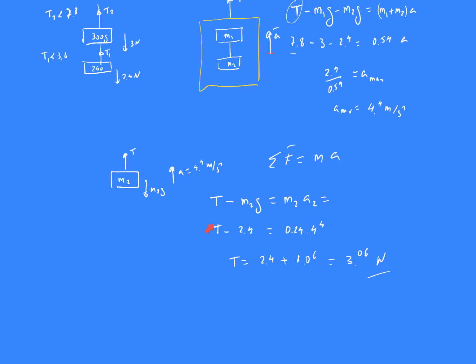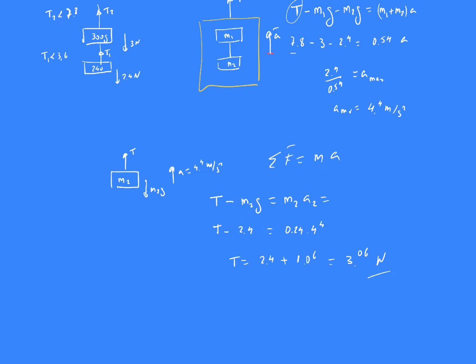So I need to calculate T. T minus 2.4 equals 0.24 times 4.4. This is 1.06. So the tension that is pulling the mass M2 will be 3.46, smaller than 3.6, so I'm safe. It is smaller than 3.6, so it will not break.